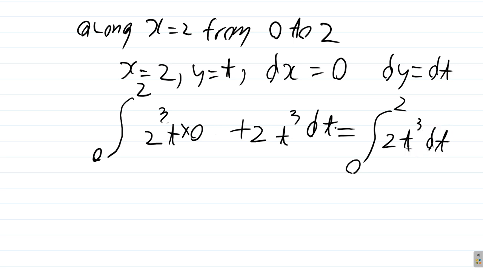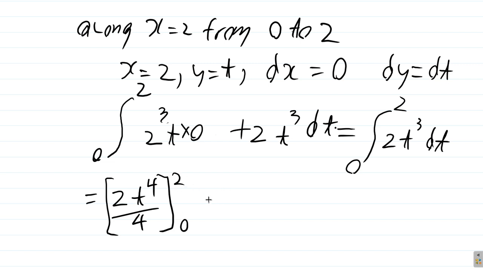Now, we're ready to integrate that. What we have here is 2t to the 4th over 4 from 0 to 2, which is equal to t to the 4 over 2 from 0 to 2.